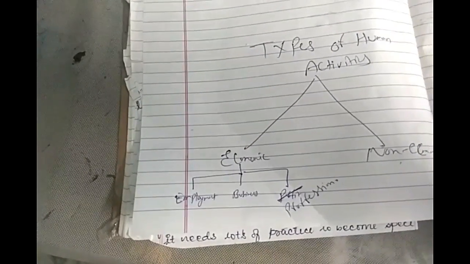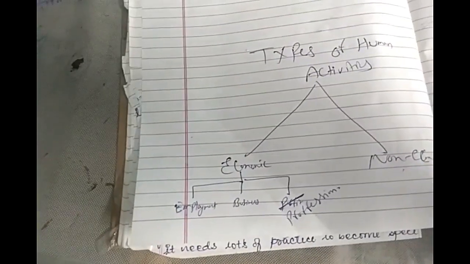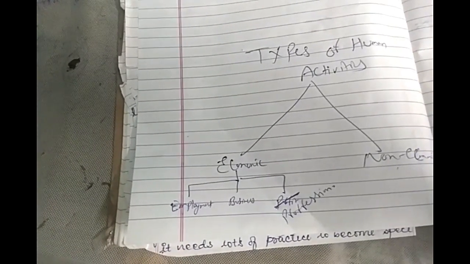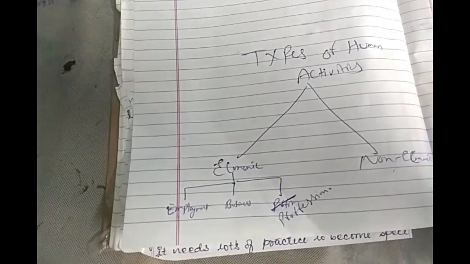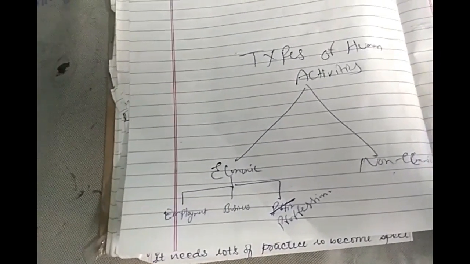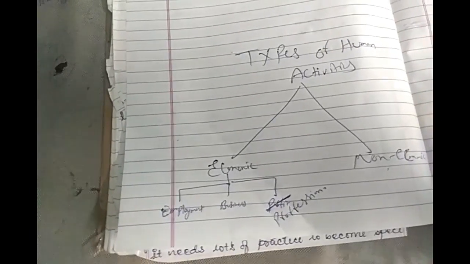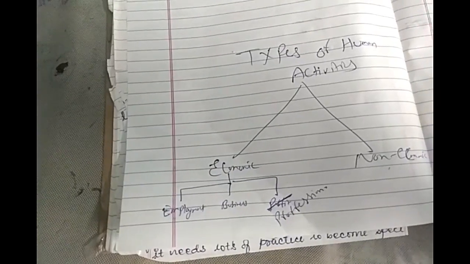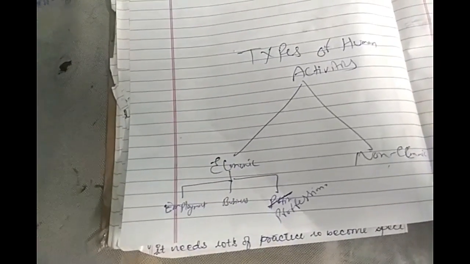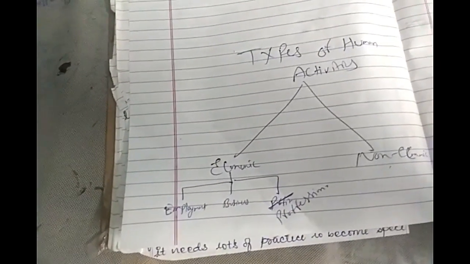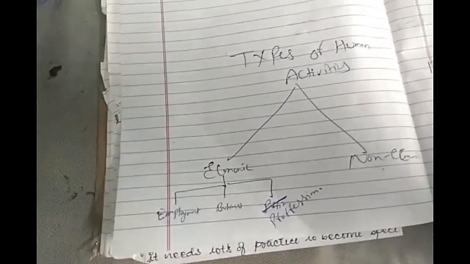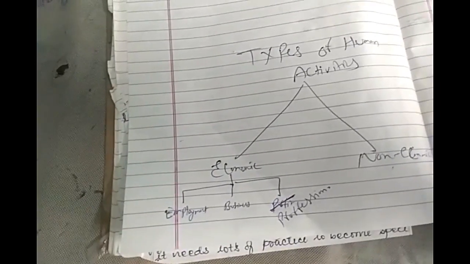Economic activities are those activities which engage the people in some work to earn their livelihood and fulfill their basic needs. Those activities which engage people in some work, by doing which they earn their livelihood for fulfilling their basic needs, are known as economic activities.